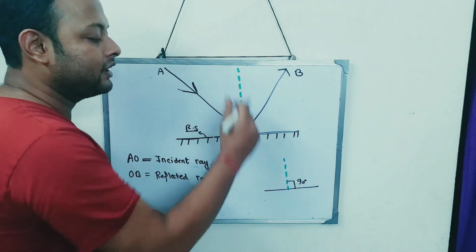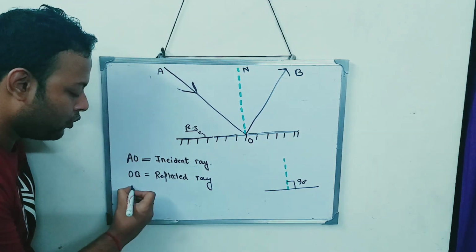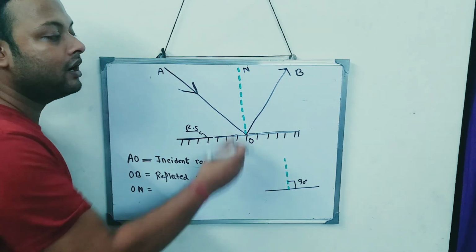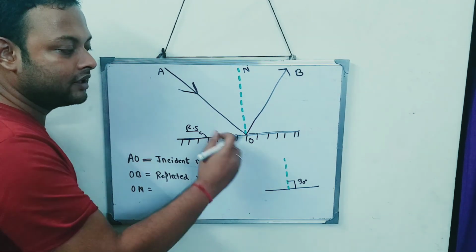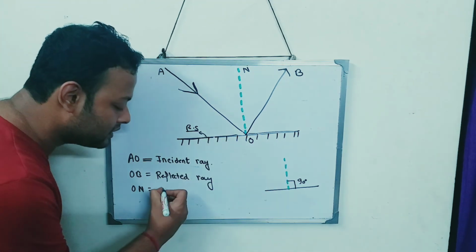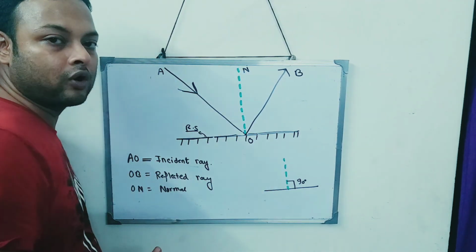So this line I represent by ON. So ON represents what? A line which is 90 degree to the surface, and this line we call the normal. So we call this line the normal line.